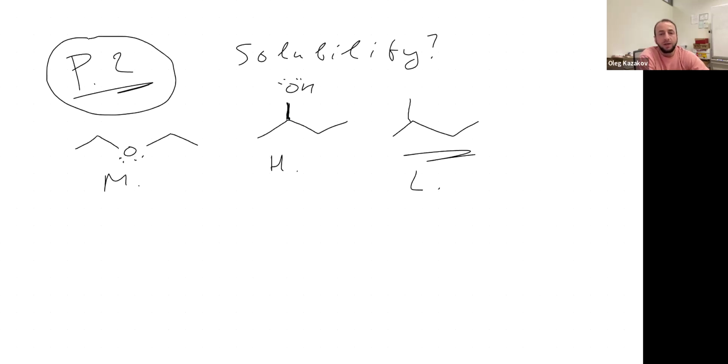Anyway, like dissolves like, this molecule is very similar to the molecule of water, and it will also have the hydrogen bonding interactions present between alcohol and the water molecule. So moving on, let's continue to problem number 3.